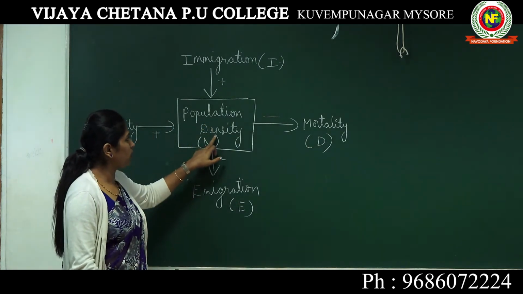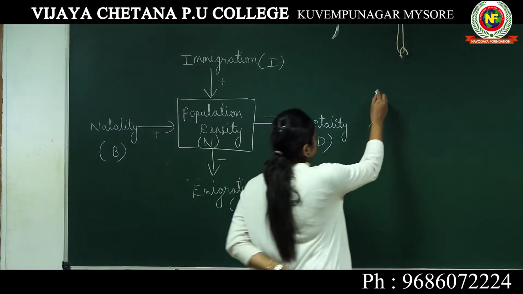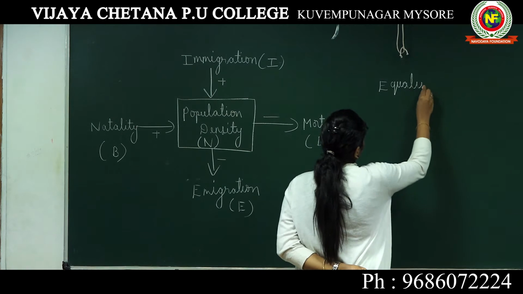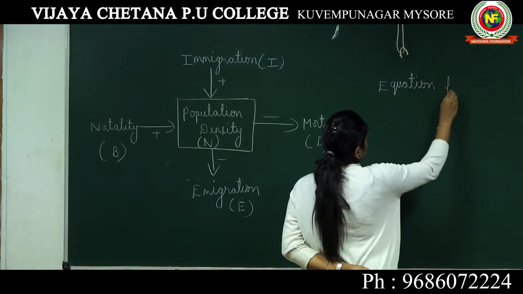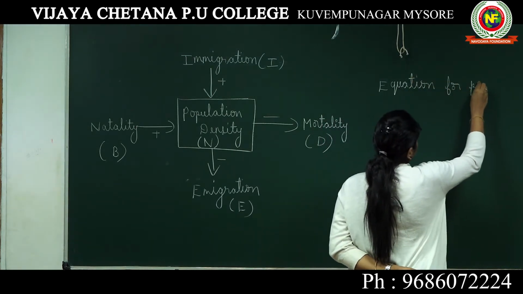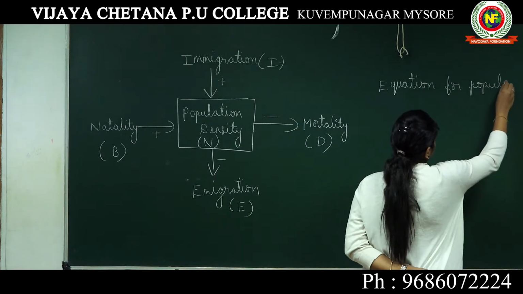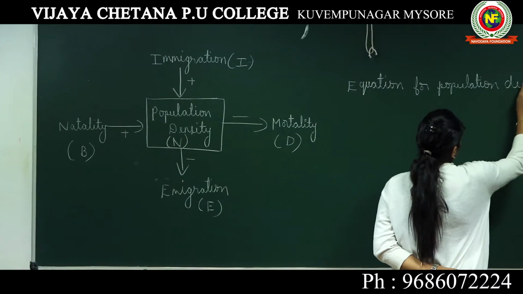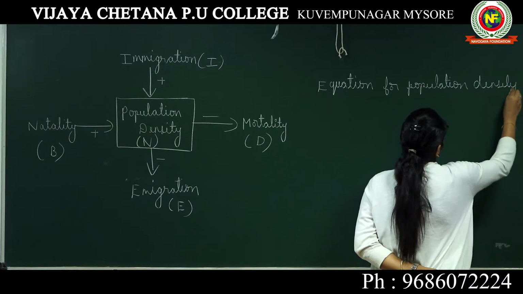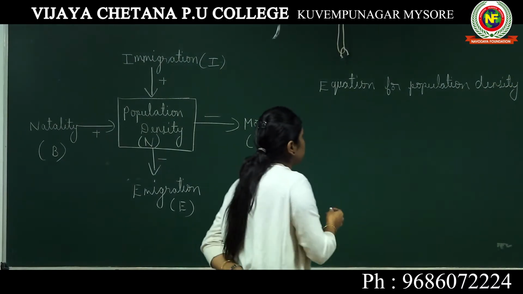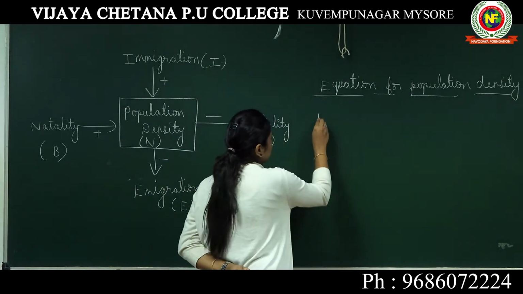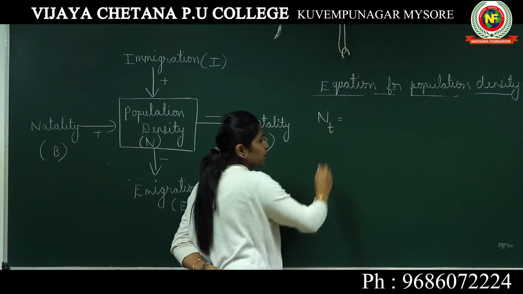So if we have to write an equation for population density, then it will be NT.